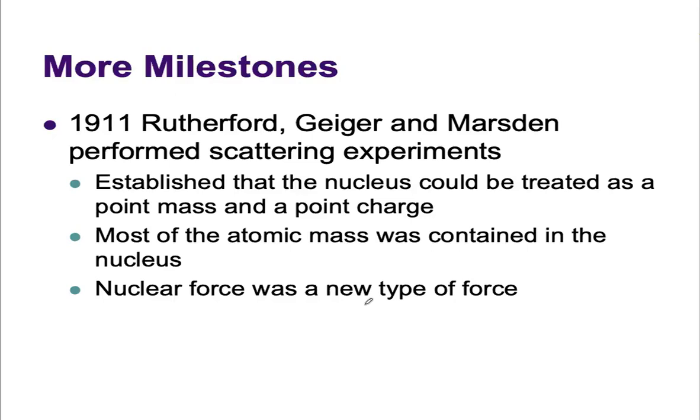Most of the atomic mass was contained not around the boundaries of the spherical atom, but the positive charge was present at the center of the sphere. Some sort of force, which was not explained by Rutherford but was later explained by Yukawa interactions in the 1920s, keeps these nucleons within the nucleus.